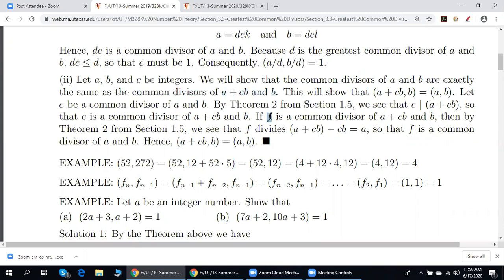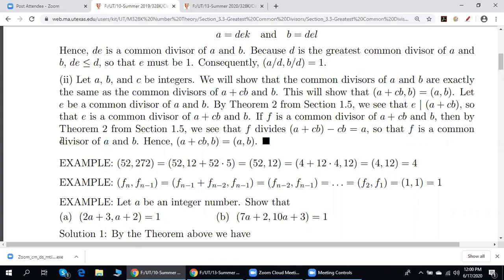Let us denote it by F. We show that this is an element from this set, because if F is a common divisor of this and this, F is a common divisor of A and B.